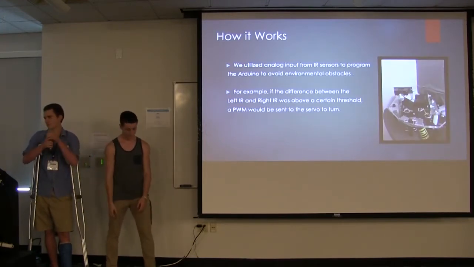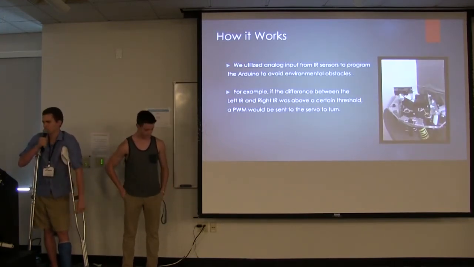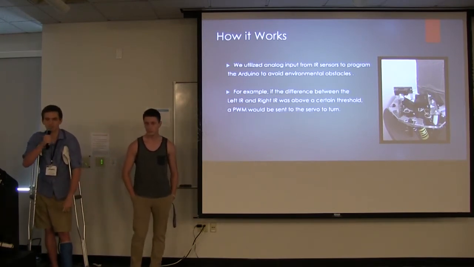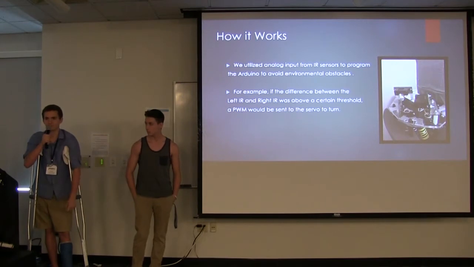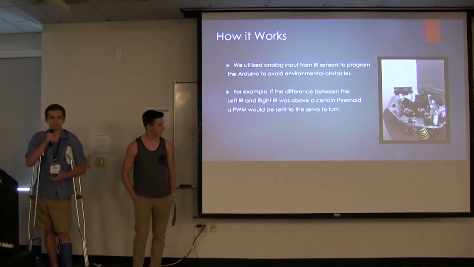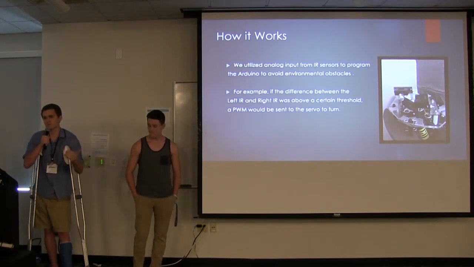All right. So how it works. We used an analog input from IR sensors, which just means it's not on or off. It actually senses a variety of values so that you can actually sense a variety of distances.